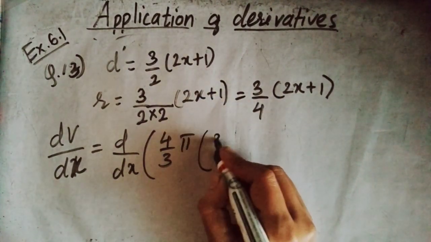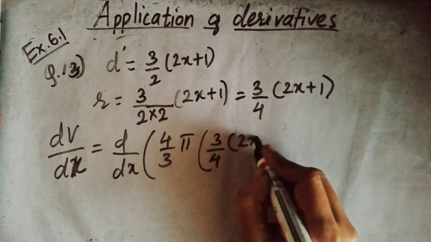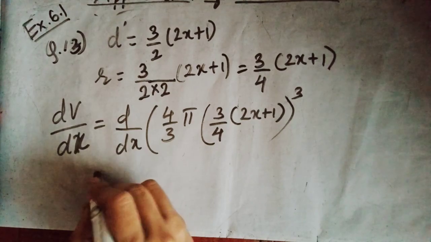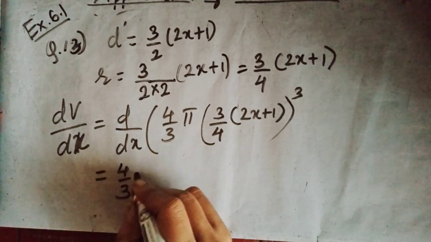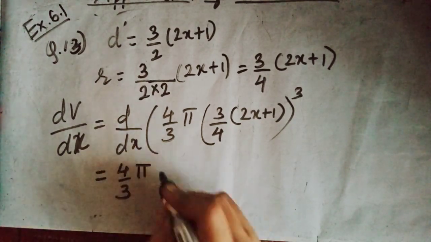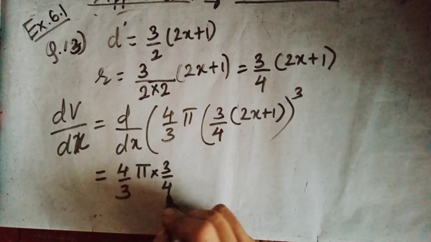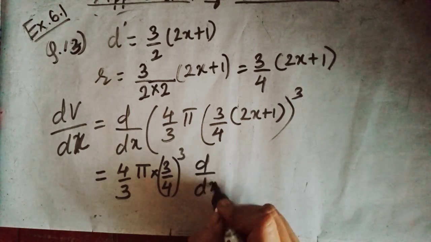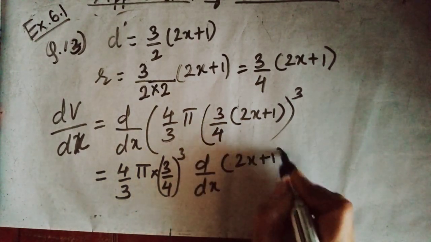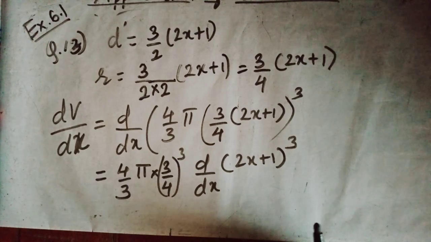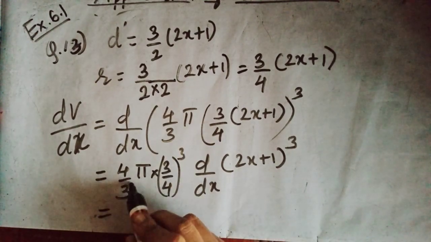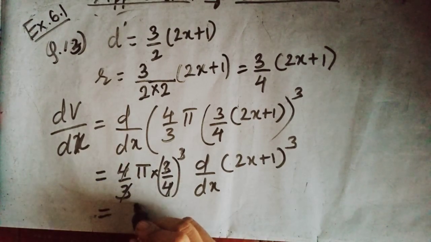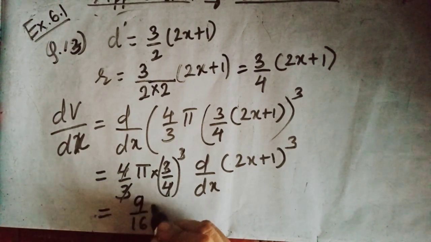So this will be 3/4 (2x plus 1) the whole cube. 4/3 pi you can take outside, also 3/4 the whole cube you can take outside. We have to differentiate 2x plus 1 the whole cube. So one of the 3 goes, one of the 4 goes, so this will be 9/16 pi.